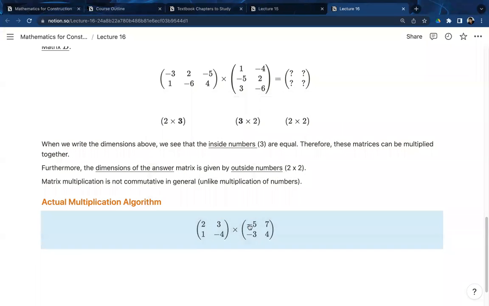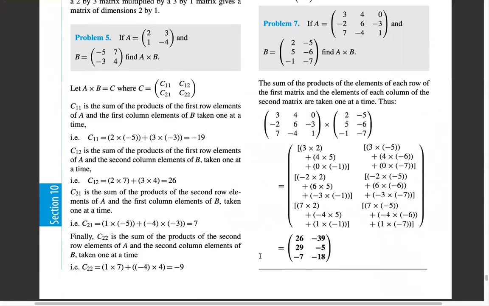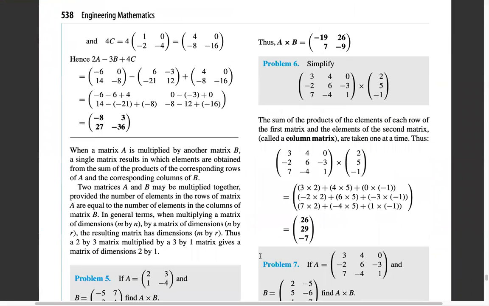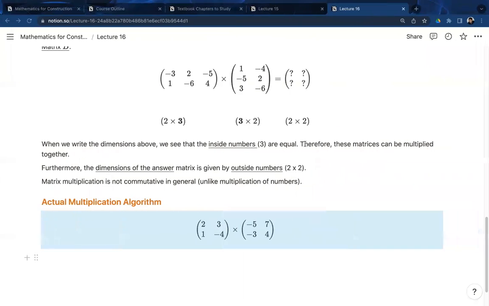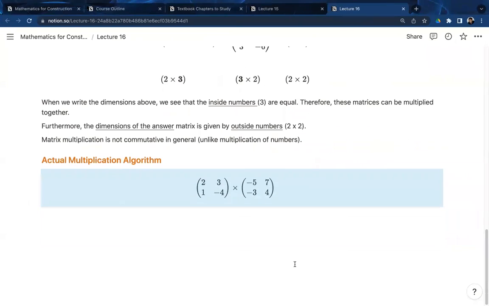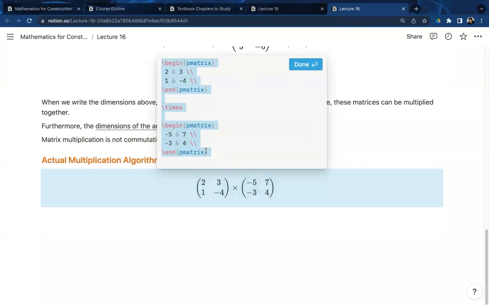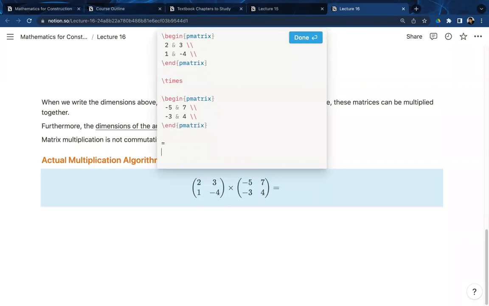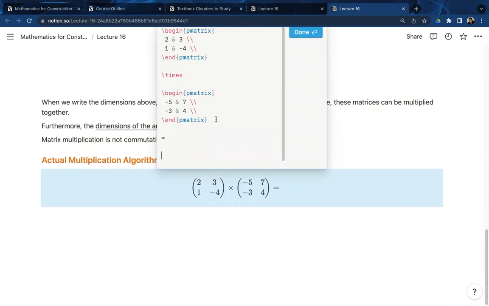So we want to multiply these two matrices here. They go through a whole bunch of stuff here for that, right? And they have an answer. Let's see how to do it. You're going to get a 2 by 2 answer.